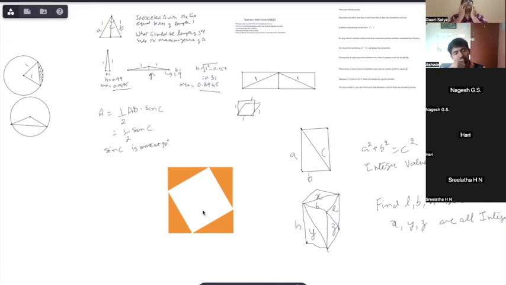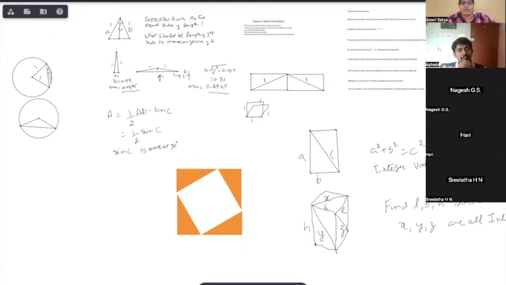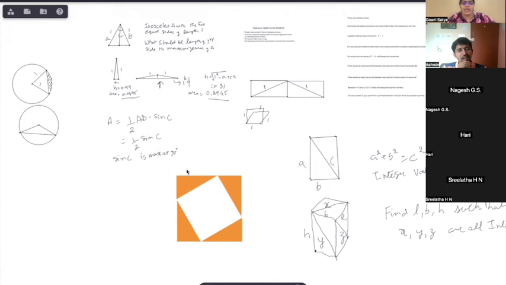So I was thinking about which one makes the hollow square, or the hollow thing, minimum. That means the pieces will be maximum.